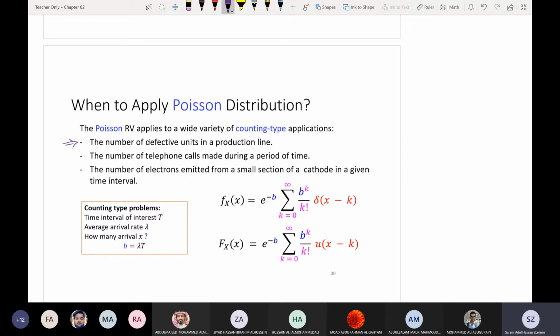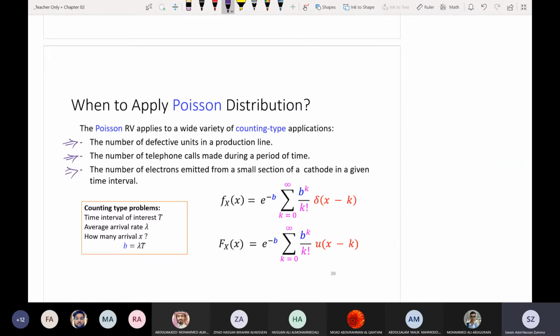In networking and electrical engineering, the number of telephone calls made in a specific period of time, the number of packets arriving at a router in a specific time. The number of electrons emitted from a small section of a cathode in a given time interval for physics, and so on. So it applies whenever I give you a time and I ask you for the number of events in that time.